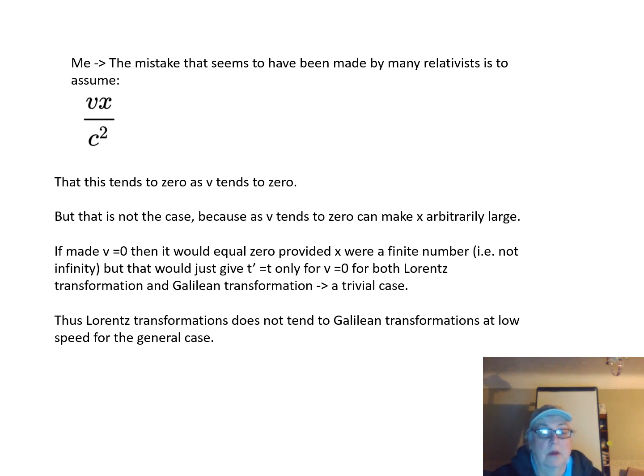So only for v equal to 0 would Lorentz transformations and Galilean transformations be equal, and that's a trivial case. Thus, Lorentz transformations do not tend to the Galilean transformations at low speed for the general case of when v tends to 0.